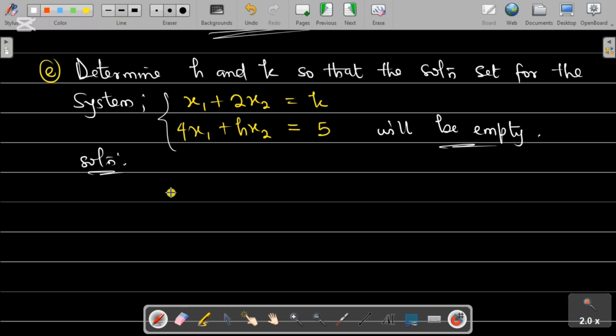So you would first need to reduce this system into what we call the echelon form, for you to be able to determine that.